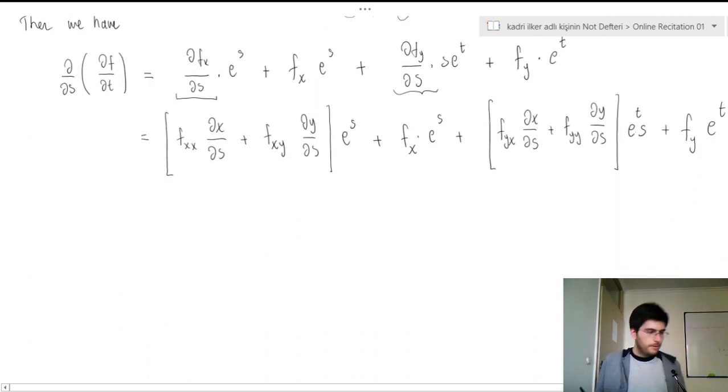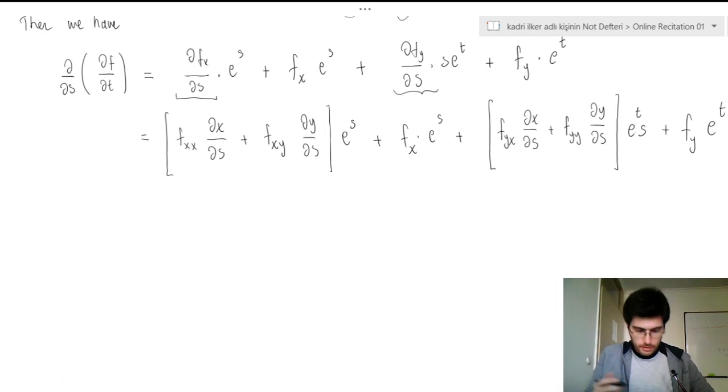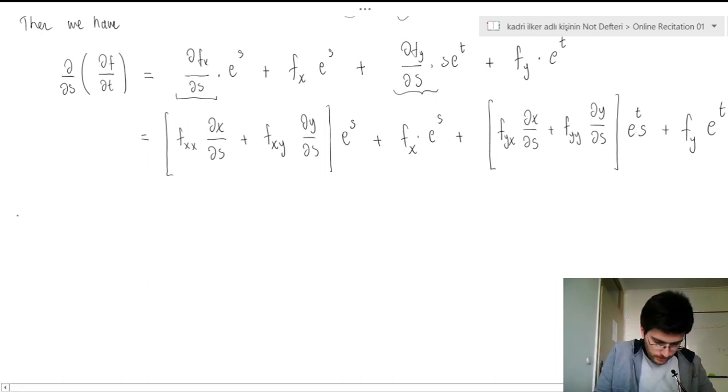Oof. Okay, and now the final touch. Of course, you should evaluate everything at the given point, and then we get the following observations.